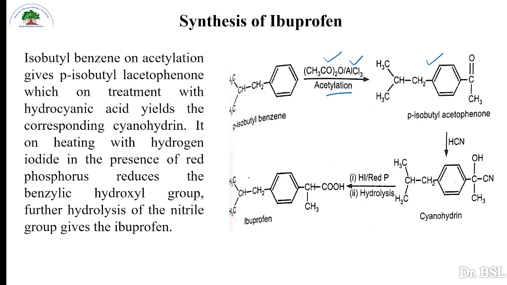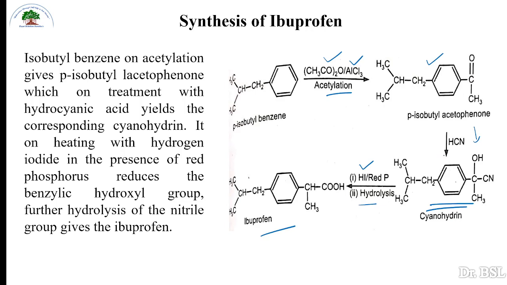This para isobutyl acetophenone reacts with hydrogen cyanide and we get corresponding cyanohydrin. This cyanohydrin further on heating with hydrogen iodide, HI, and red phosphorus, after hydrolysis, we get ibuprofen.